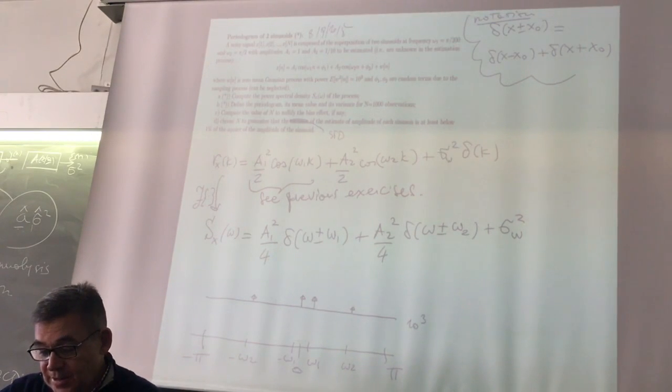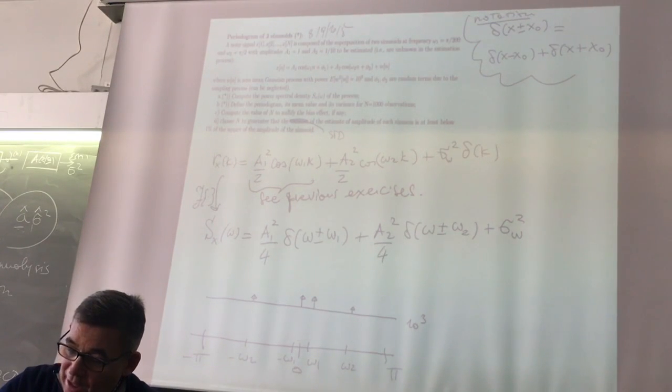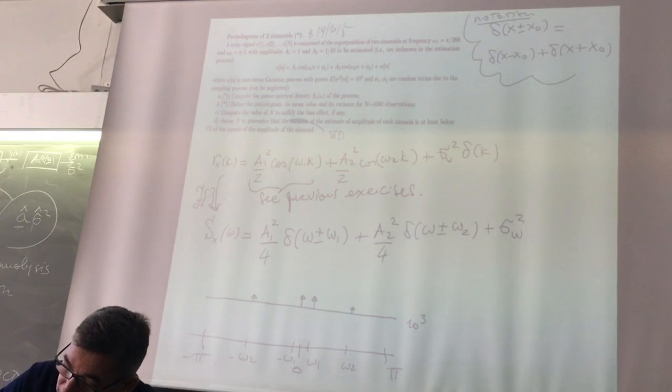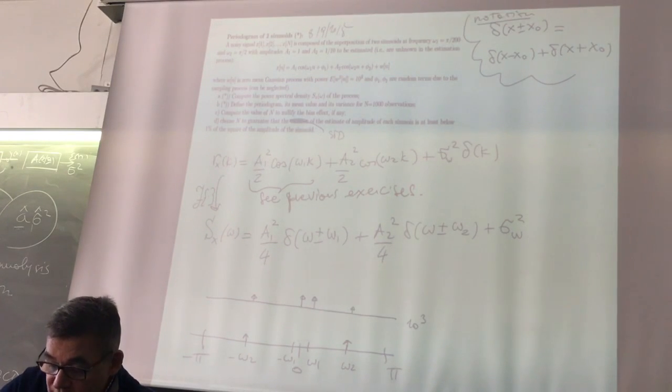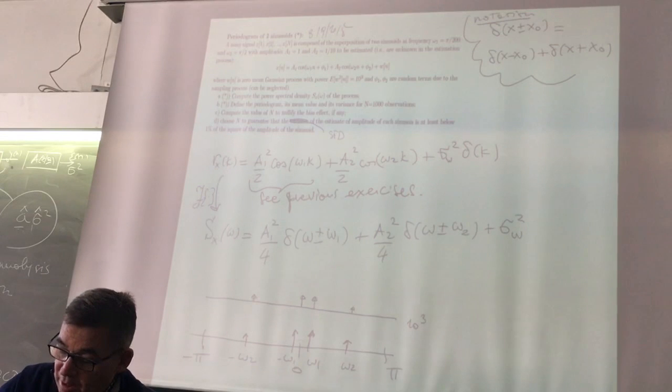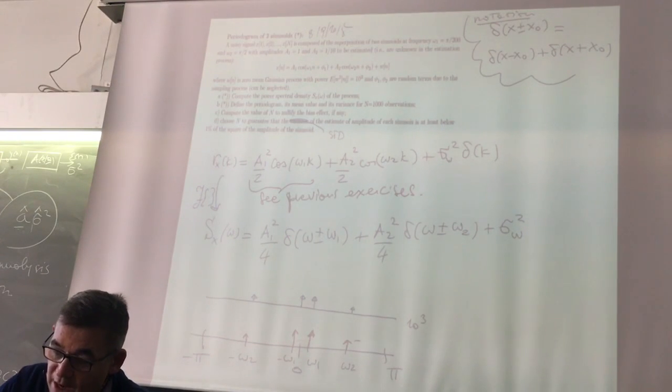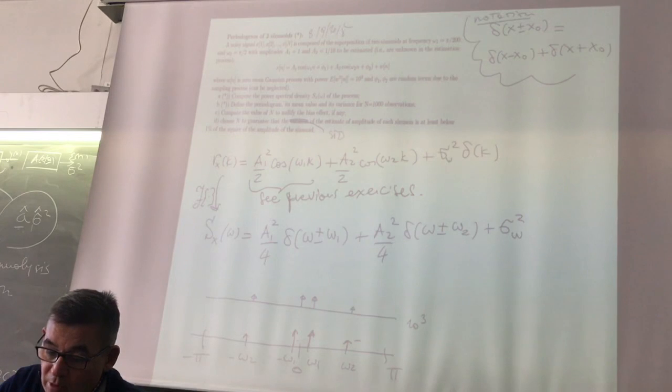Looking at the individual sinusoids, sinusoid number 2 is very small compared to the noise. Sinusoid number 1 is a little bit bigger, but the area of the delta is A1 squared divided by 4, so A1 is 1, which gives 1/4.